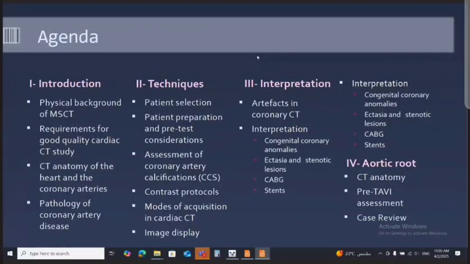And finally, we will have a short résumé about the aortic root. We will discuss the CT anatomy and the pre-TAVI assessment in cases of CT for the aortic root. Okay, this is the map of the topics that we will discuss today.